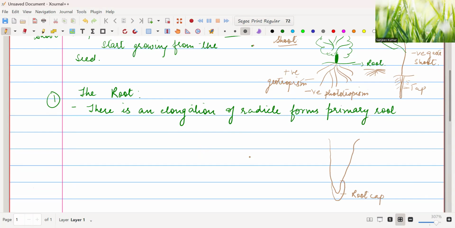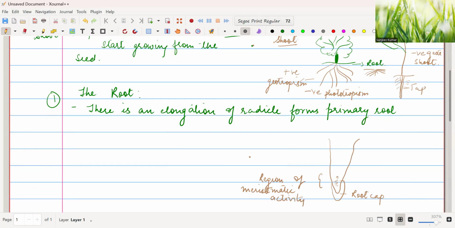We say that this region down is the region of meristematic activity, the region of highly active cells.